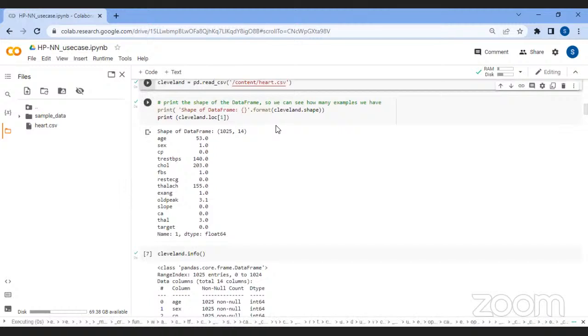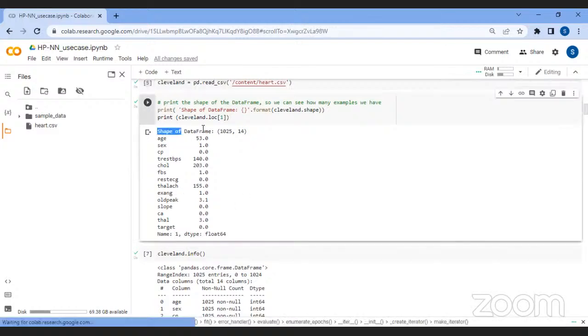Here we have started by looking at some data, such as age and other details, and how the data looks. This is the shape: we have 1025 records and 14 attributes.